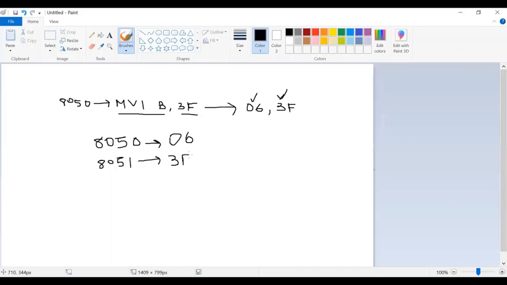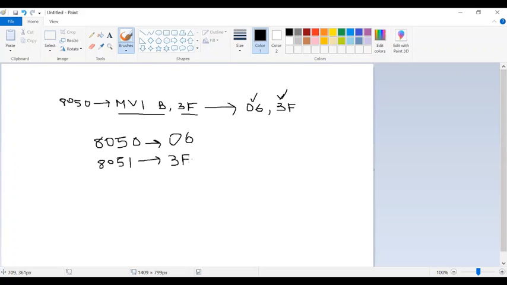Can you tell me how many machine cycles are required for the timing diagram of MVI B comma 3F? Opcode fetch is one type of machine cycle, memory read is another, memory write is another, and IO read and IO write are there too.